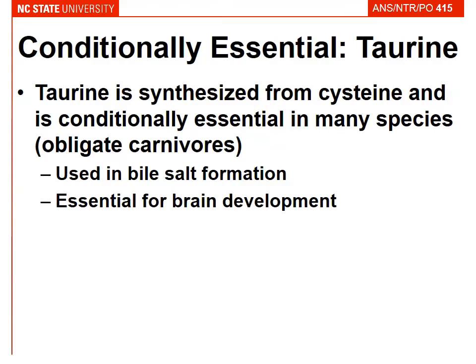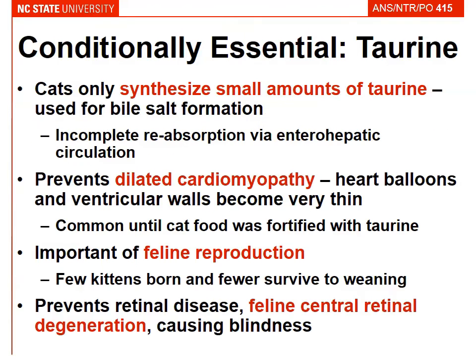And back in the 60s and 70s, before too much research was done on domestic cats, we actually had done studies, and you could see the negative ramifications pretty rapidly if the animals are not provided taurine. So why do our obligate carnivores have to have taurine?